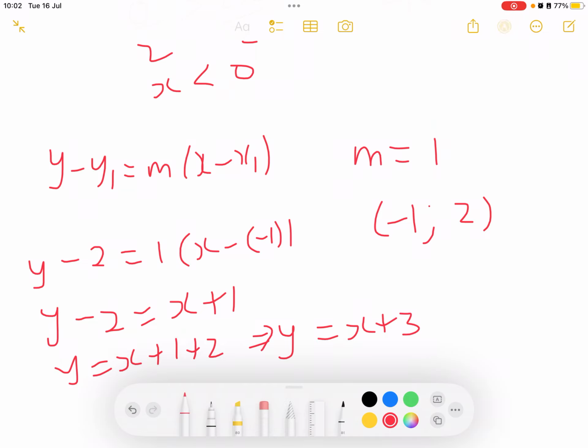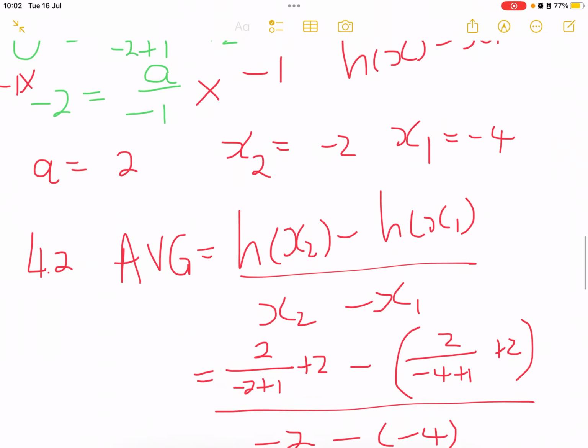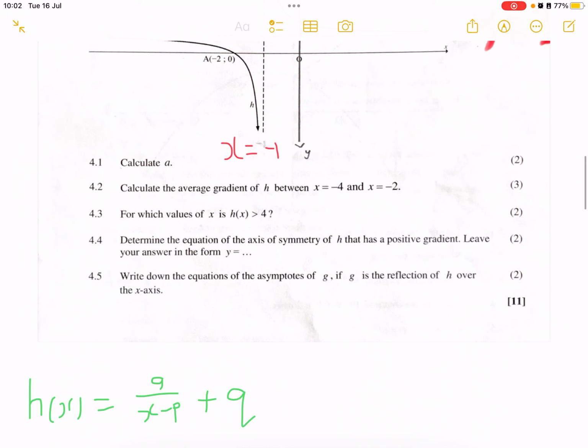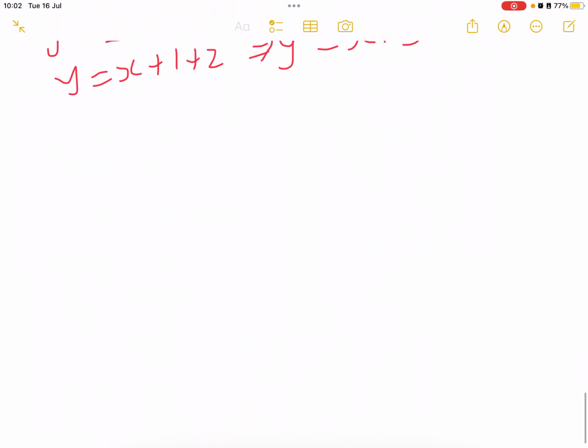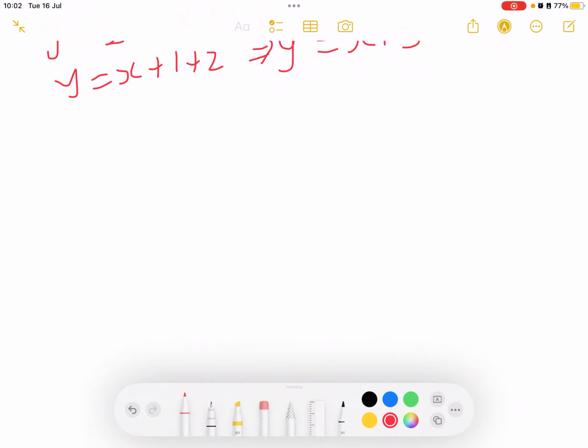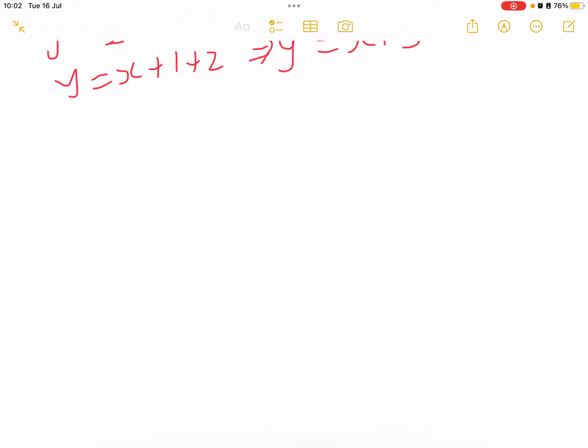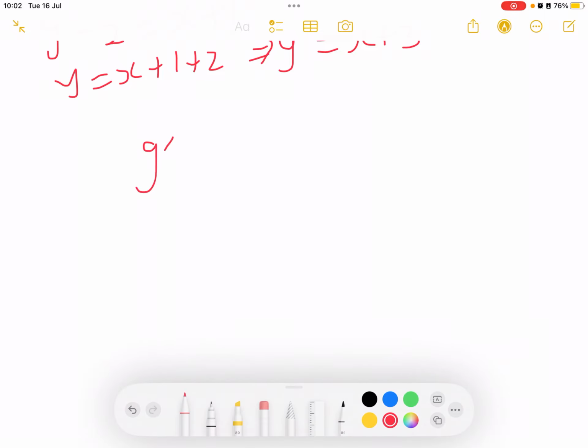Now the last question is write down the equation of the asymptotes of g of x, which is the reflection of h over the x-axis. If we reflect it over the x-axis, it means we are moving from the positive y-axis to the negative y-axis. So it means g of x is equal to minus h of x.